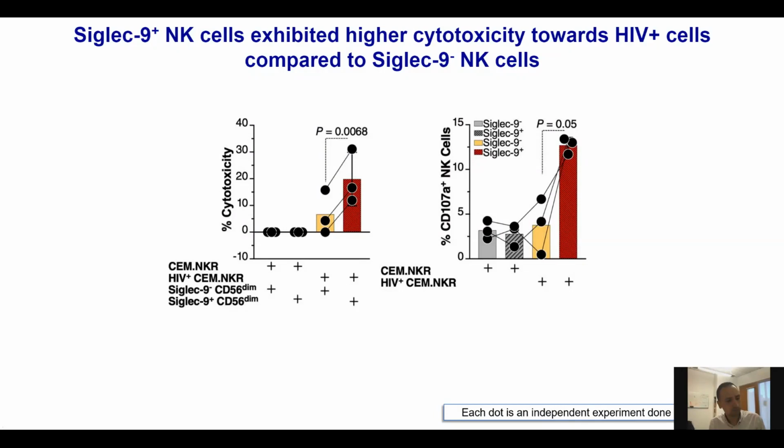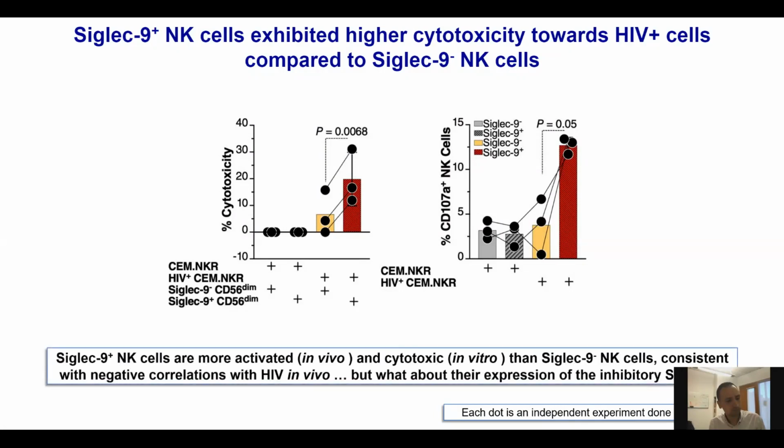So we know so far that the Siglec 9 positive NK cells are more activated in vivo and more cytotoxic in vitro compared to the Siglec 9 negative NK cells, which is consistent with the negative correlation we see with HIV in vivo. But then the question is, what about their expression of Siglec 9?